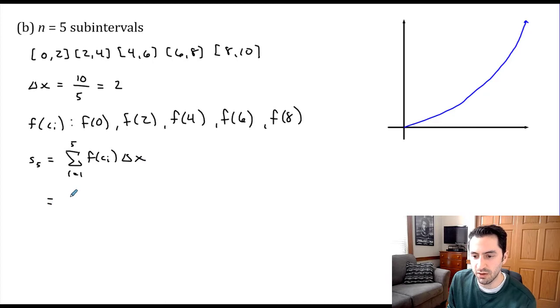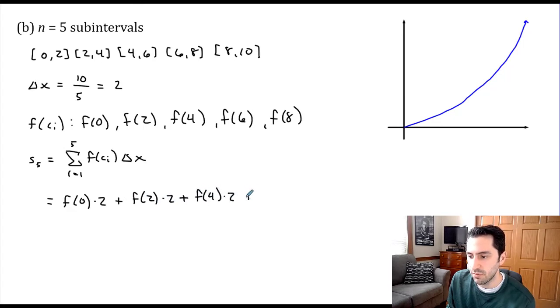If we expand this out, our first rectangle has a height of f of 0 and the width is 2. Our second one has a height of f of 2, also with a width of 2. And if I keep going, f of 6 times 2, and f of 8 times 2.